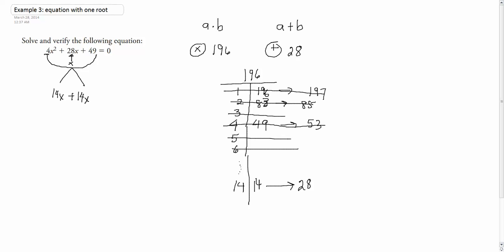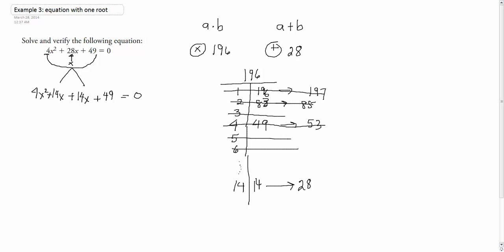So 14x plus 14x, and we have plus 49 at the end, and in front we have 4 times x squared, and all of this is equal to 0. So we have decomposed this middle term into two terms that combine to give us that middle term. That's why it's called decomposition.